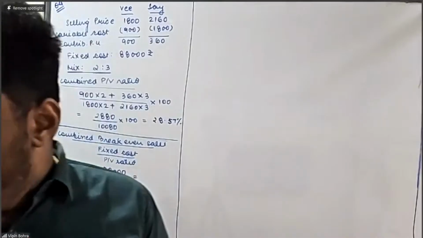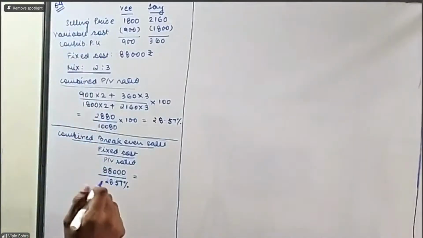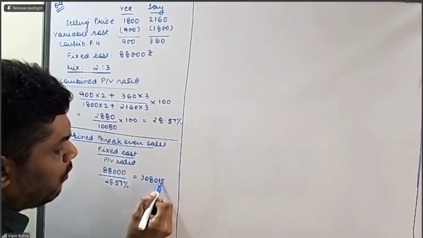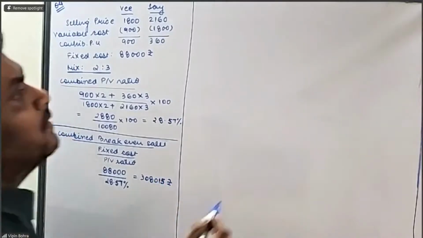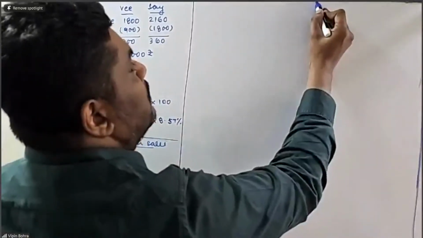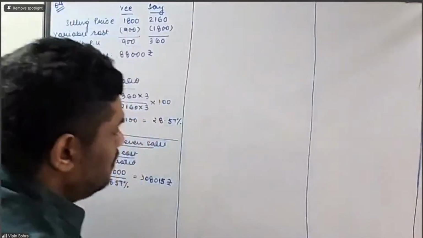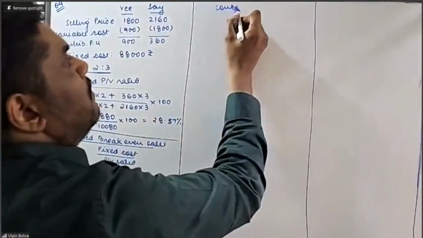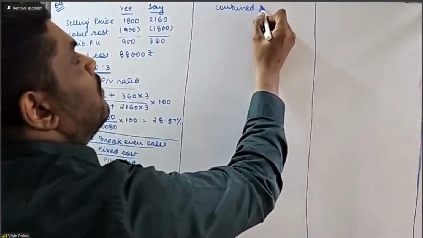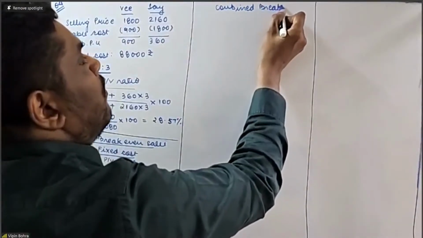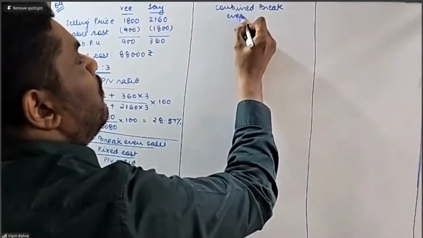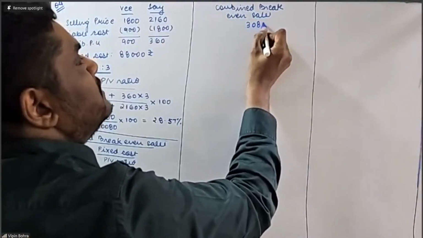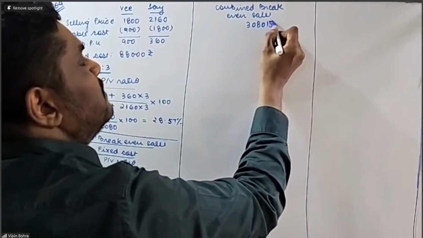So it will be 308015. So my combined break-even sales is 308015 rupees.